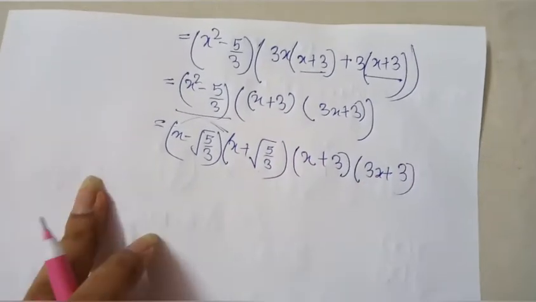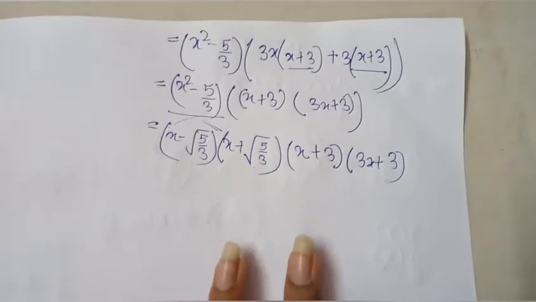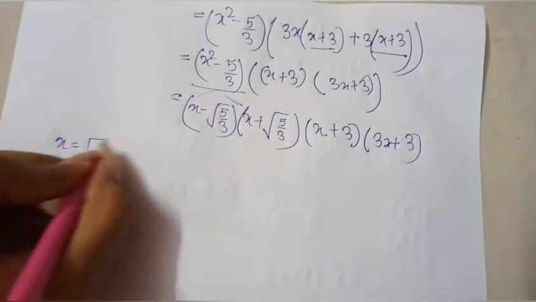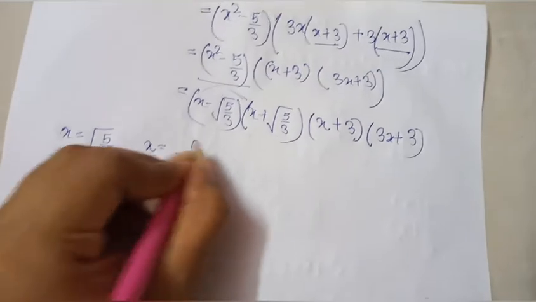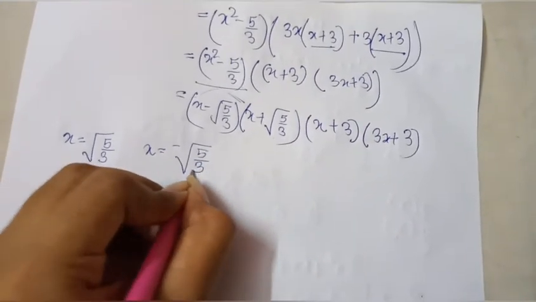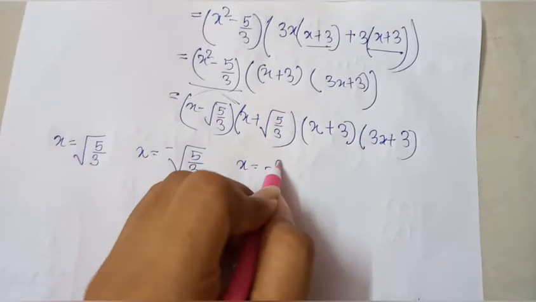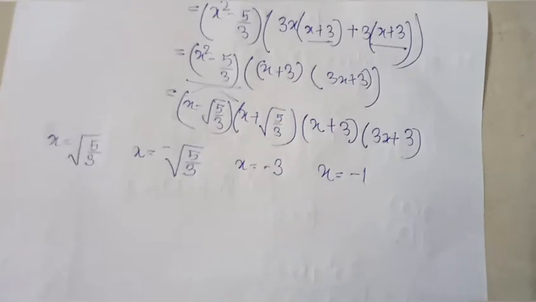So these are the four factors and they have asked to find zeros. So x equal to root 5 upon 3, the other is x equal to minus root 5 upon 3, next is x equal to minus 3, and the other is x equal to minus 1.